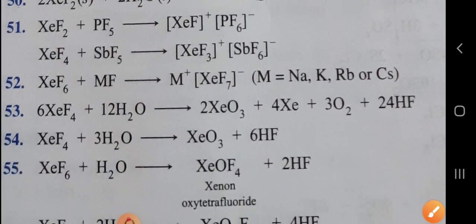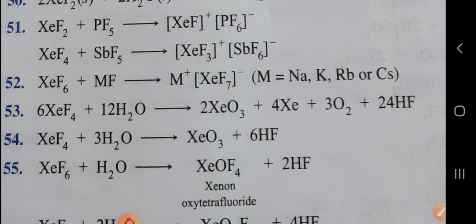Equation number 52. What happens when xenon hexafluoride reacts with any of the ionic fluorides or alkali fluorides? This can be sodium fluoride or potassium fluoride. Then also it will form a coordination compound.